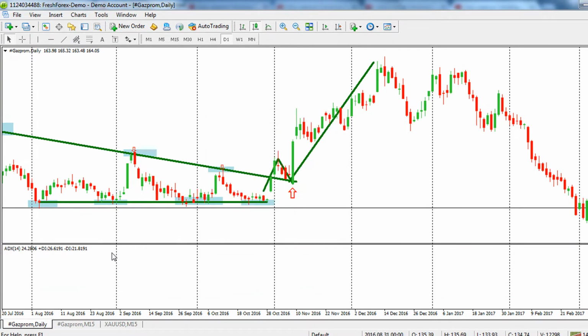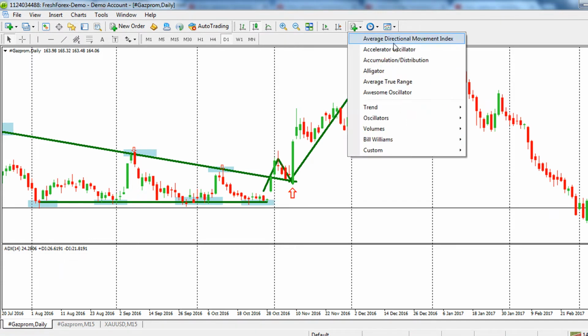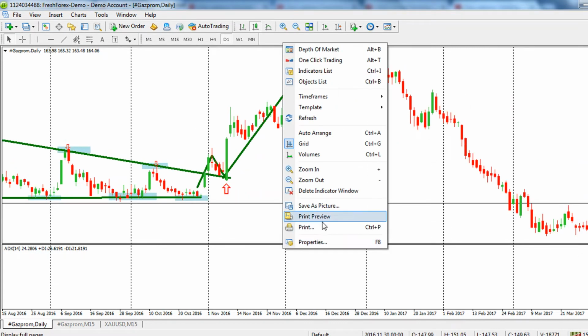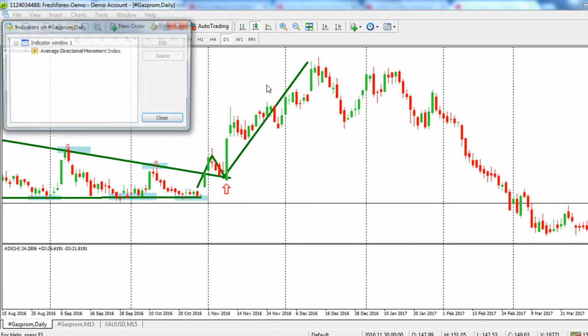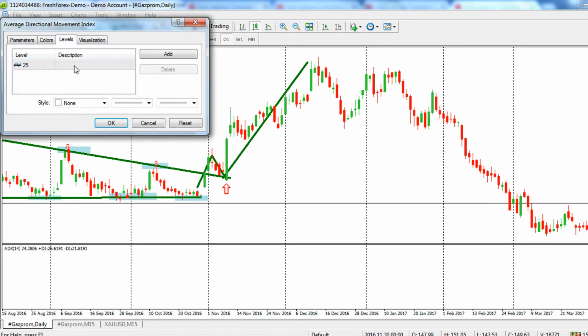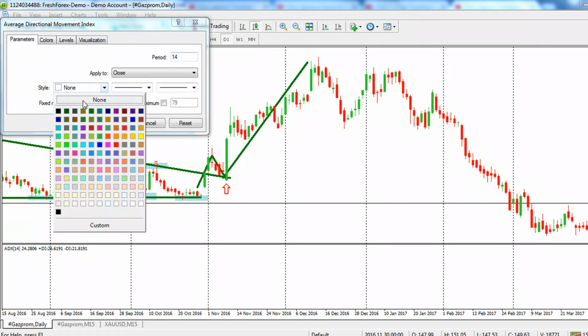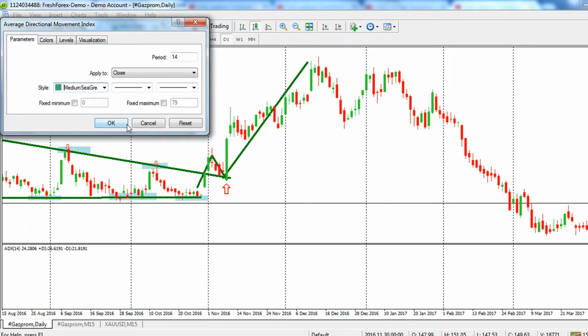It has 3 lines. There's the first one, which is the main one, and that shows that there's a momentum to a particular direction. We'll right click and then indicators list. Then we add the first one, which shows that there's momentum.